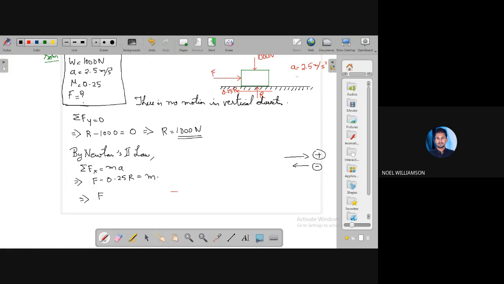Substituting, we get F minus 0.25 into 1000 equal to mass into acceleration.